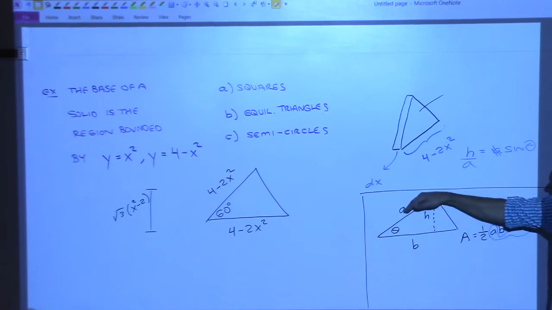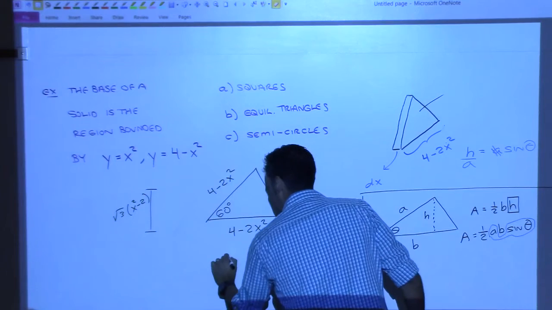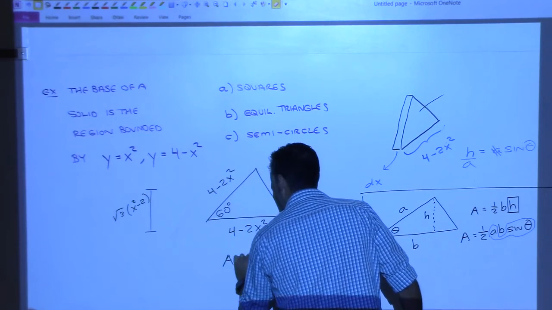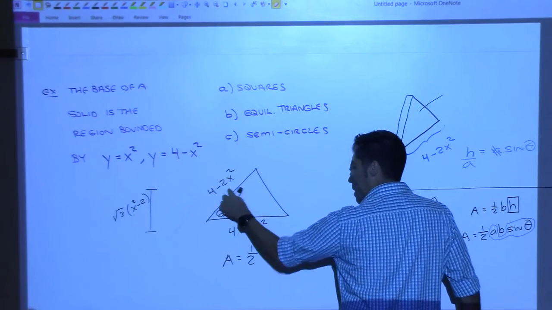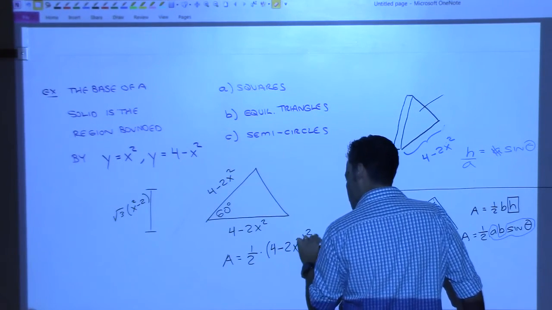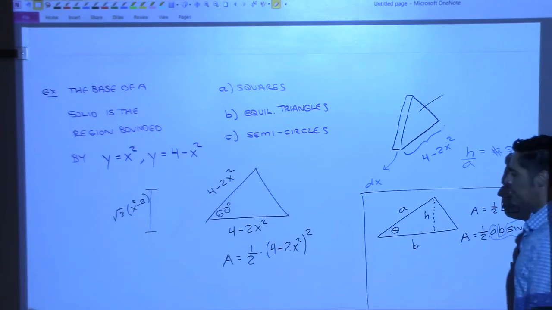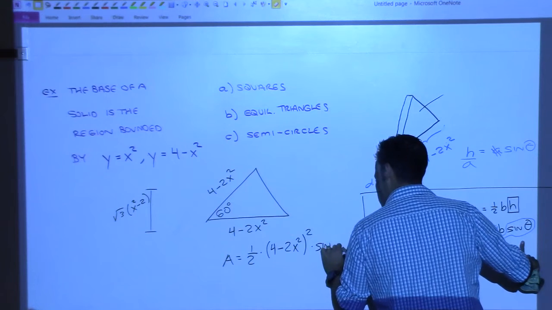I have two sides and the angle between them. So the area of this triangle is 1/2 of the base times the height, right? Times sine, so I'm using this formula, sine of 60 degrees.